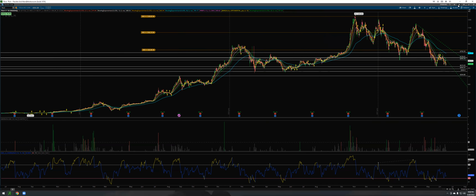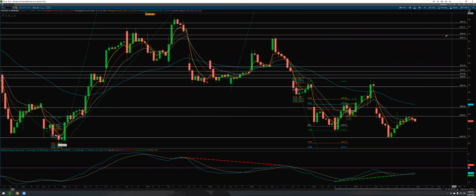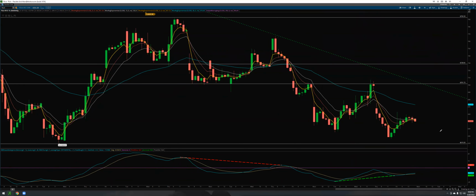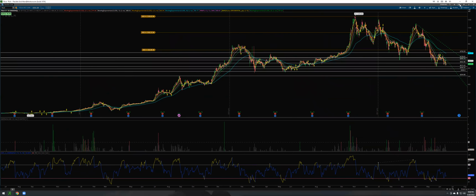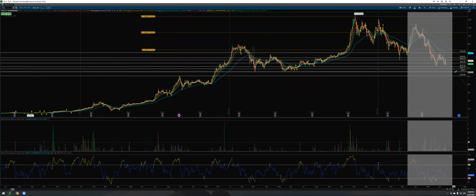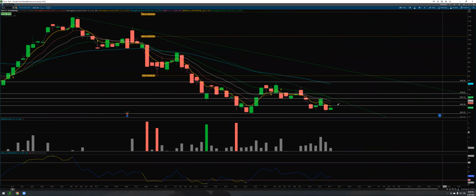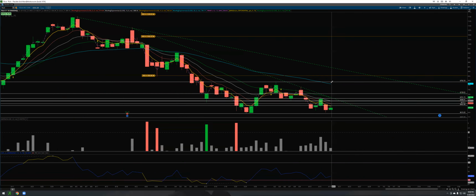Okay, so now we go to the hourly. And now we see that we have more peaks here on the hourly. So I'm going to take this one. Oh, I forgot also something very important on the daily: my EMAs, right? 8, 13, 15.